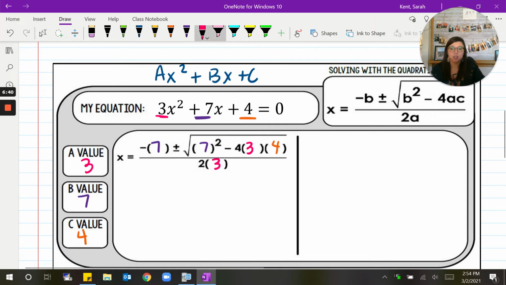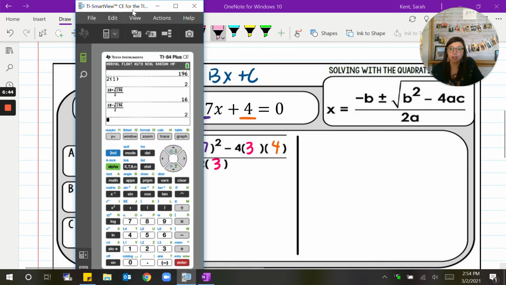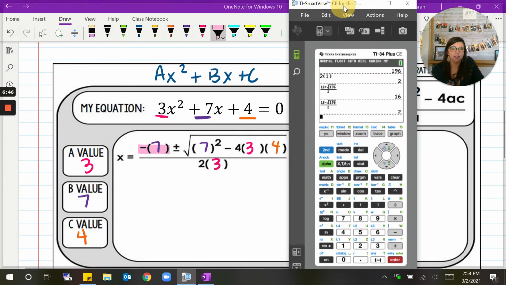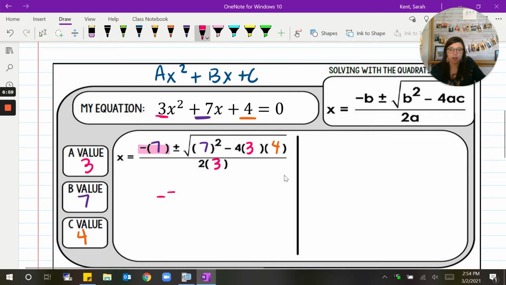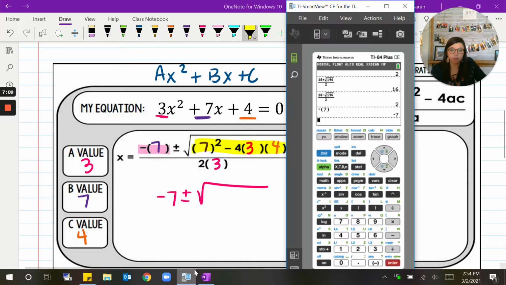So again, let's go to our calculator and type in negative parentheses 7 and see what we get. Negative parentheses 7, we get negative 7. So I'm going to write negative 7 plus or minus, and then I'm putting all of this in the calculator. No square root yet.